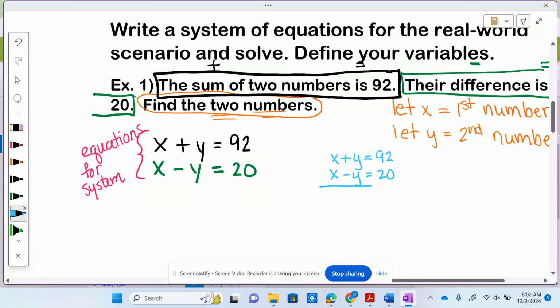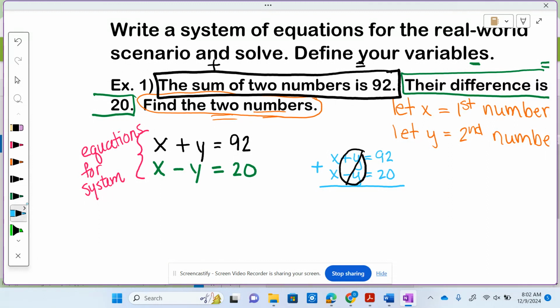Tim, you want to walk us through, since you said use elimination? What do you want to do? You get rid of the y because since they're opposite, they cancel each other out. So we're going to add the equations together, and that'll eliminate the y's.